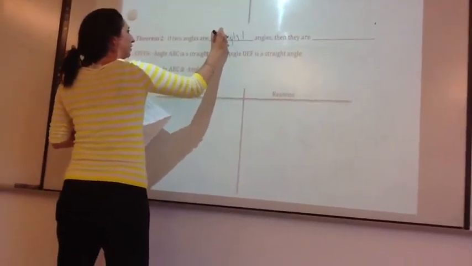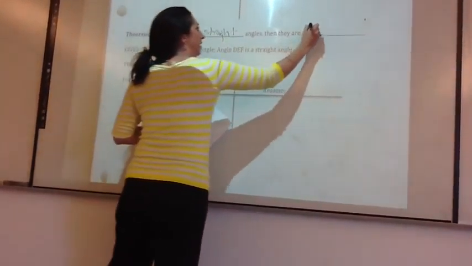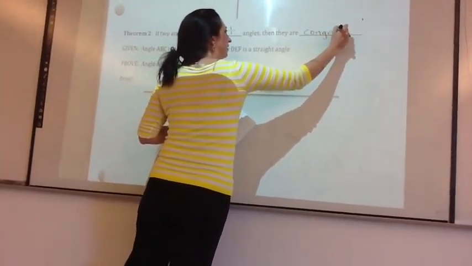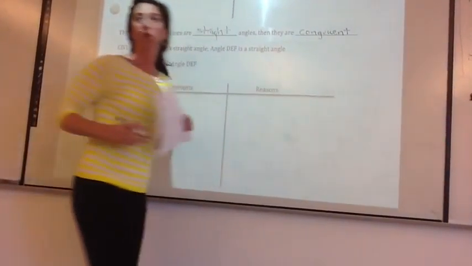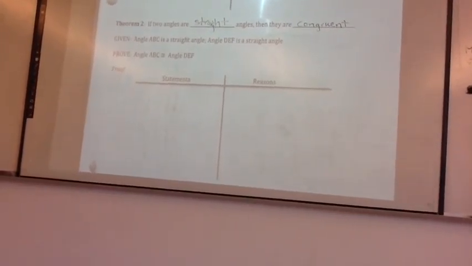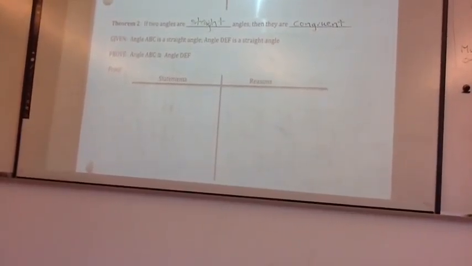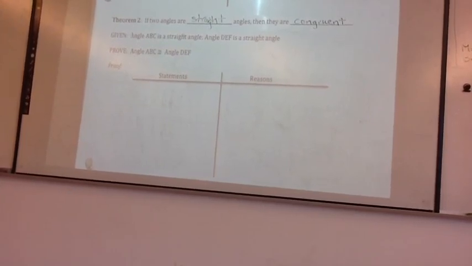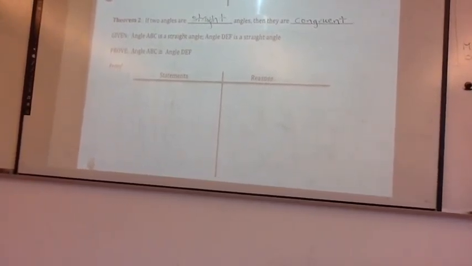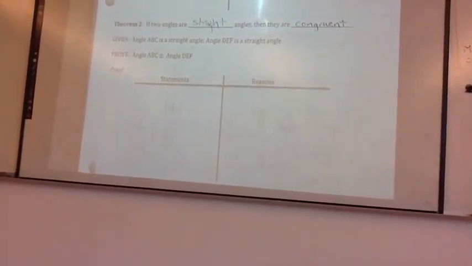If 2 angles are straight angles, then they are congruent. This one is going to be almost identical to the one you just did. You're going to be given an angle ABC. You're going to be told it's straight. You're going to be given angle DEF, and you're told that is straight as well.